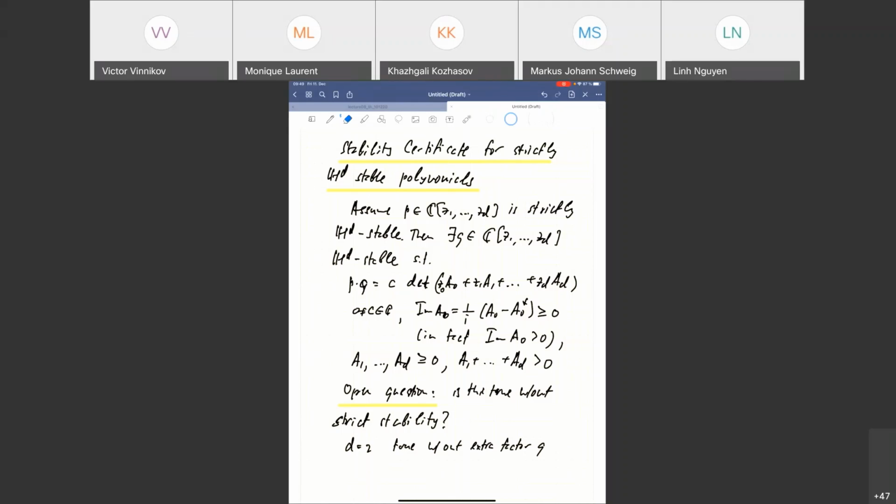But it is true, but there is no understanding of classification of certifying determinantal representation.